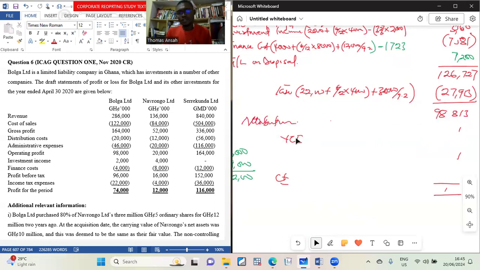So after we get our profit after tax, we know that there is an OCI aspect of what we need to do. Okay, so wait a bit. So let's say I have OCI. So this attribution will not be there. So I have OCI, and the other comprehensive income is 11,000 something, right? 11,500. So then I will add now. Okay, so that is what will happen.